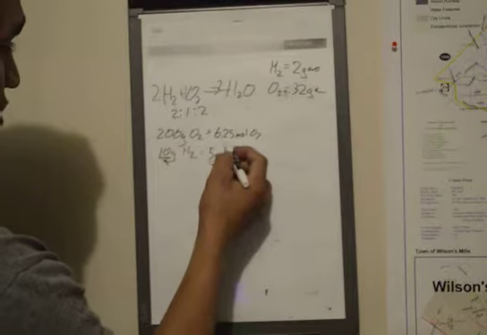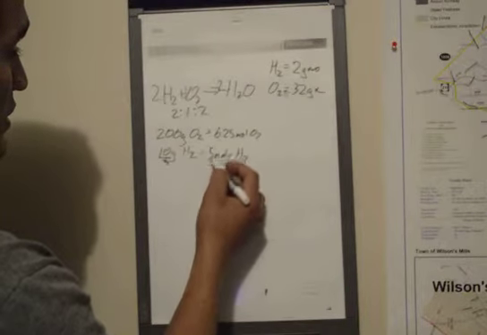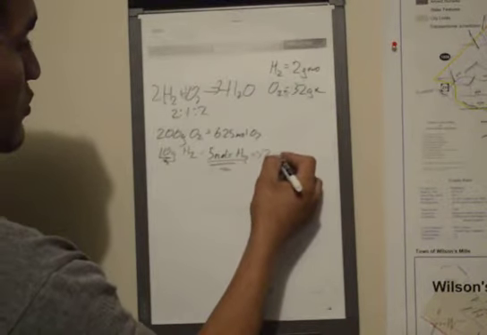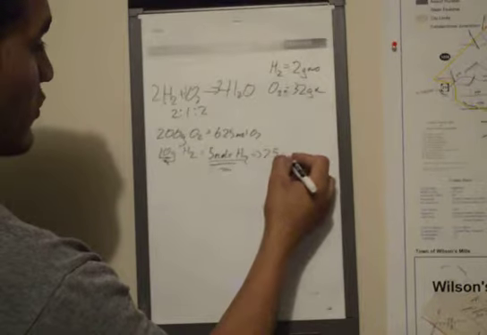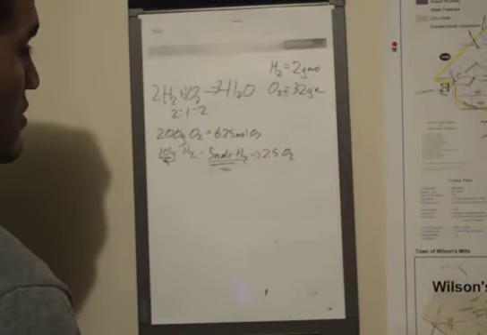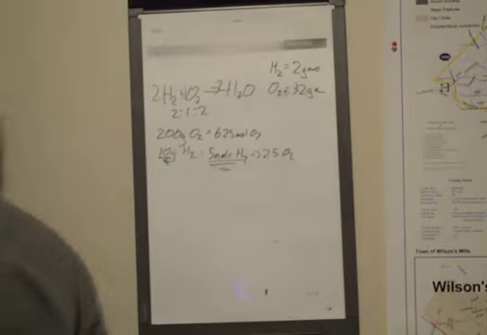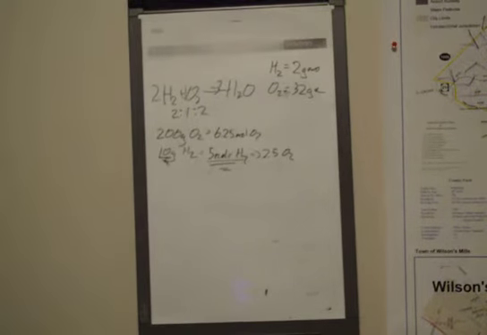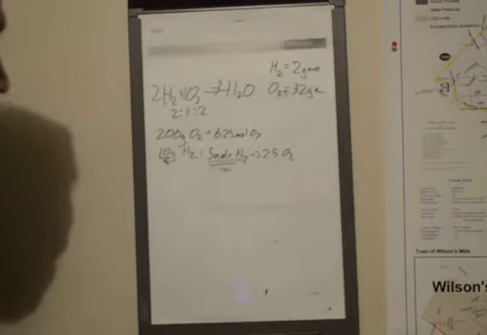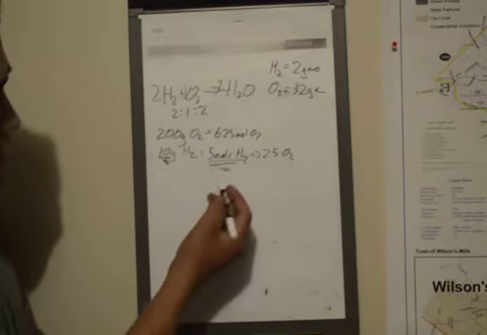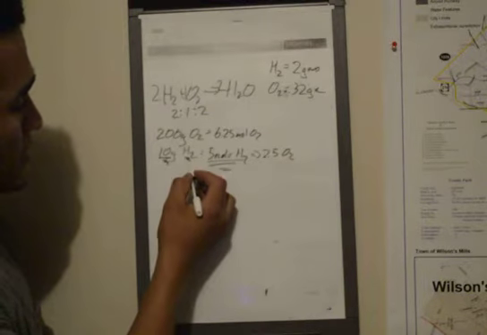What that means is that you're actually only going to need 2.5 moles of O2. Let me fish my calculator out before we proceed. So you just found out that your limiting reactant in this case is H2.